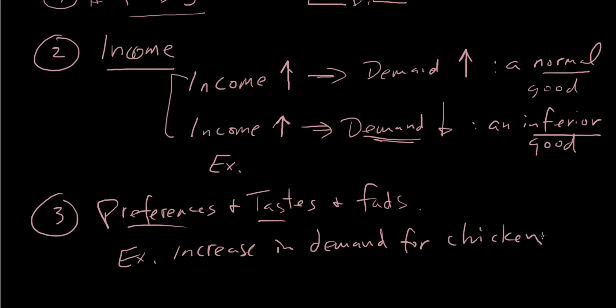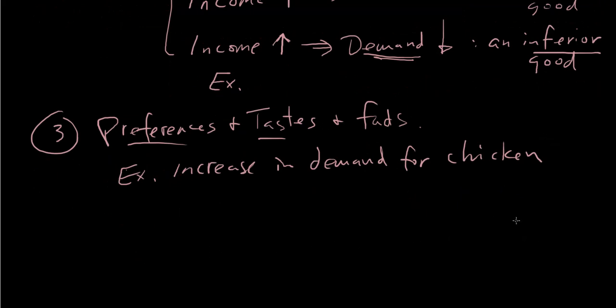Why do you think there has been a tremendous increase in the demand for chicken? Yeah, people's preference has changed, right? Because of health reasons, they are looking for white meat, right? So there is an increase in the demand.